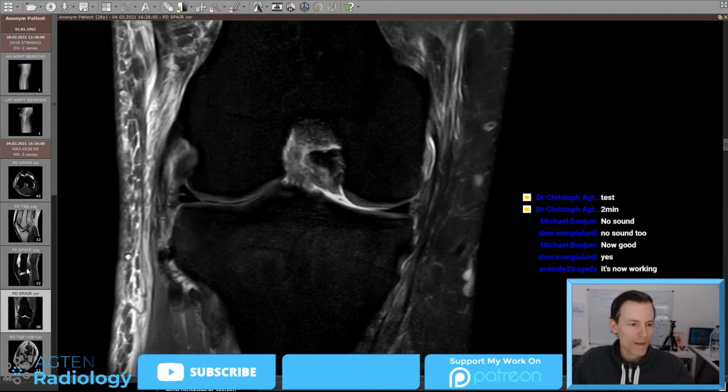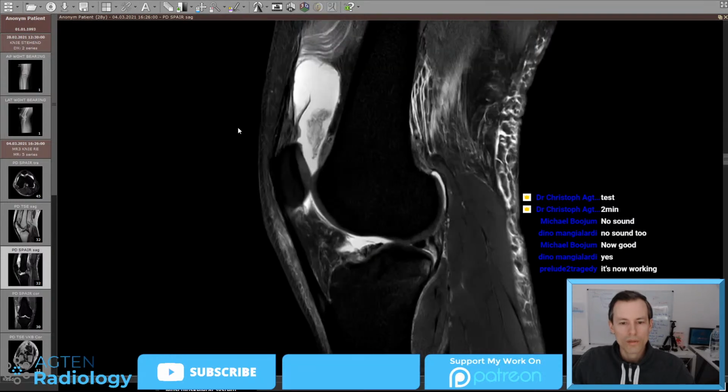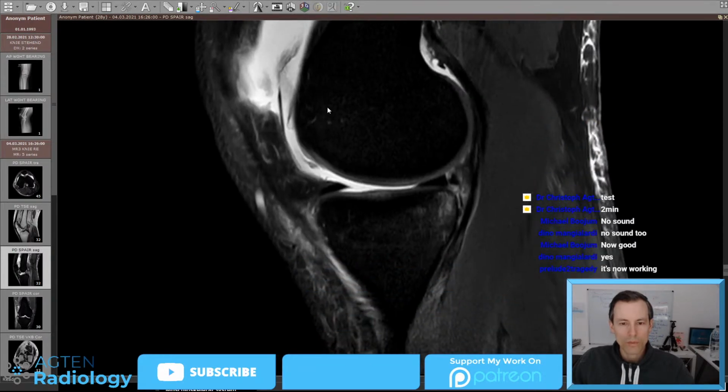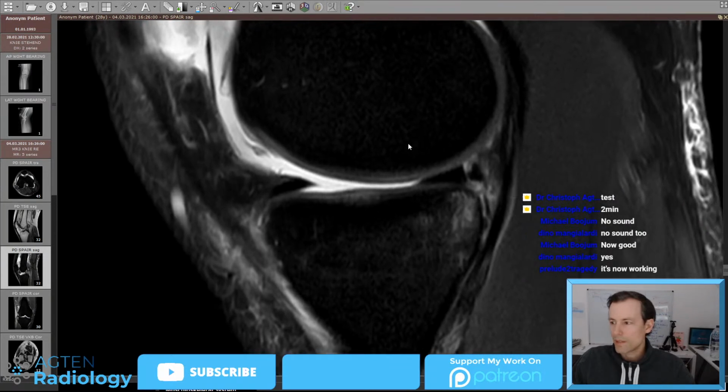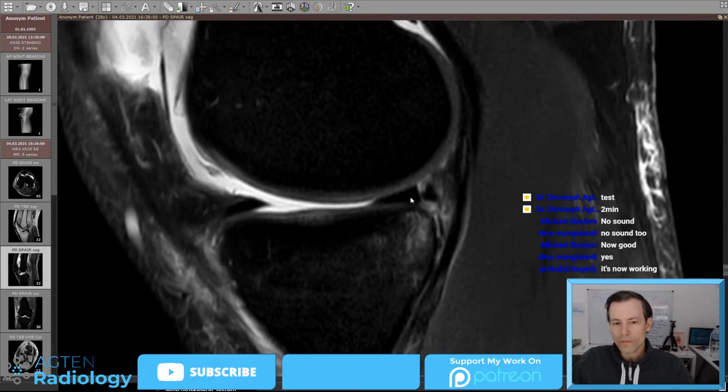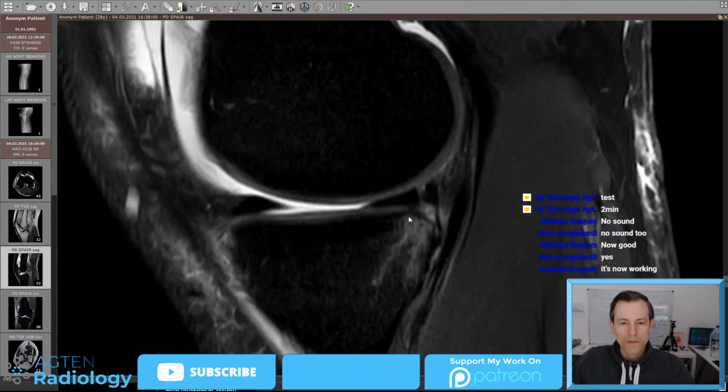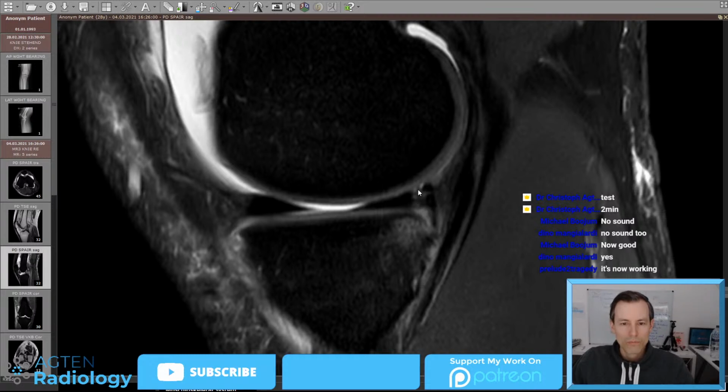There is something wrong, and the best way to go here is with the sagittal. You can now immediately see, let's make this big, how we have 2 different components here. So we have certainly a vertical tear, even a complex tear with extension also here at the base.